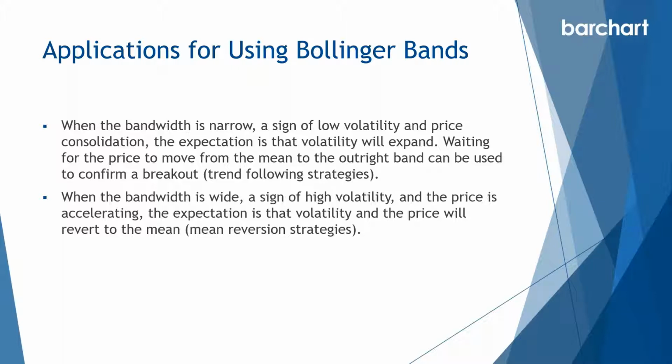Then the expectation is that when the pressure that drove price and volatility decreases, in other words, buying or selling dries up, price will snap back to normalcy, in other words, revert to the mean. And this is when you're going to use a mean reversion strategy. Typically, this is how most traders use Bollinger Bands.